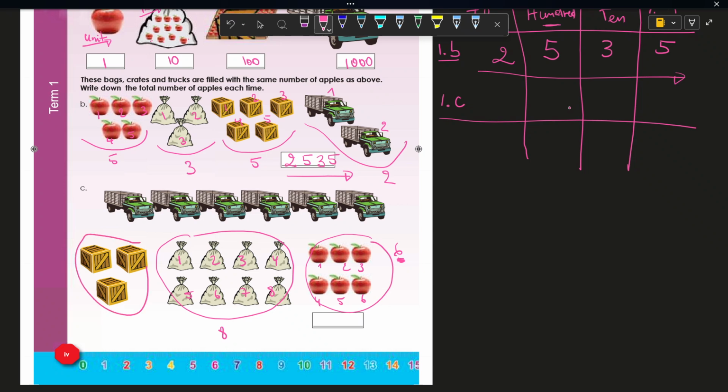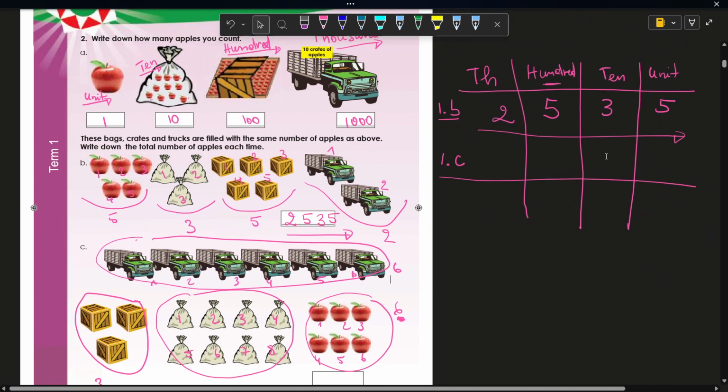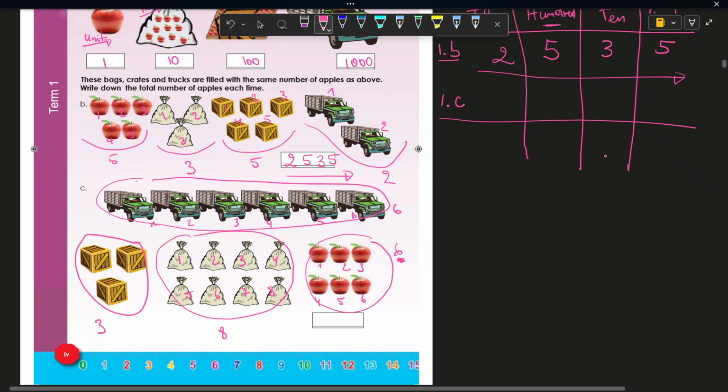And then the following one, how many crates? I've got 3 crates. And then how many lorries I've got? Let's group them together. We've got 1, 2, 3, 4, 5, 6. 6 lorries, which is 1,000. Can I go back to my table? Do you see? Where do I have to fill? Well, we start from on our right.